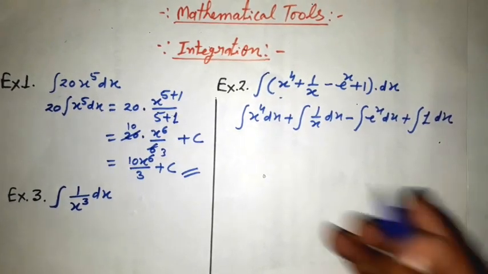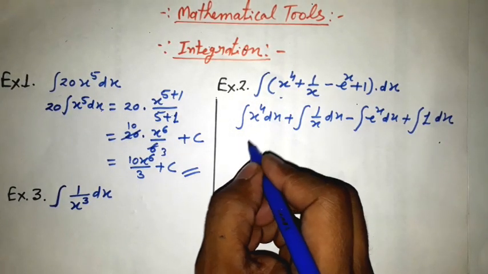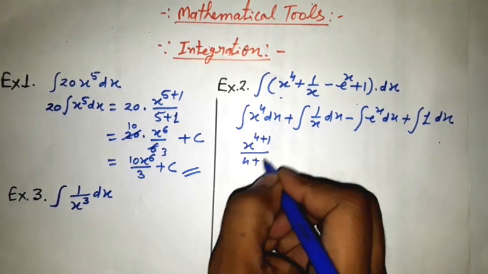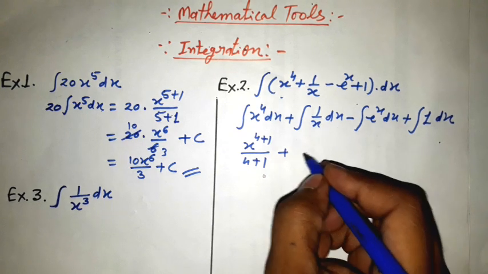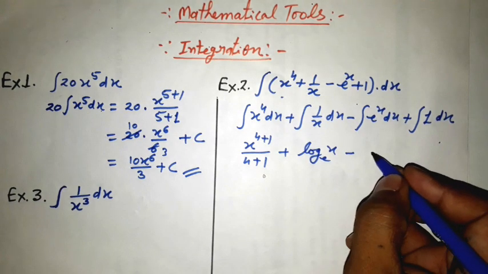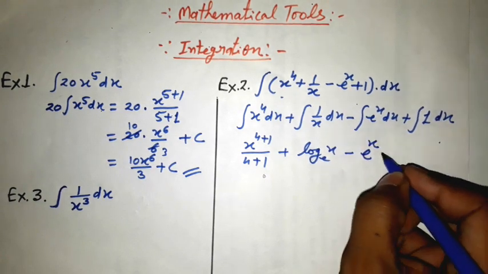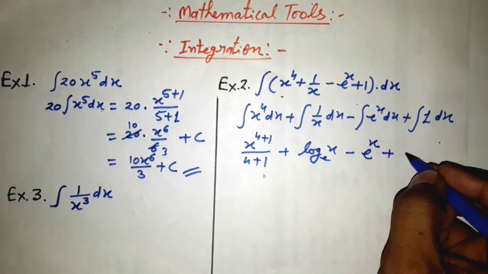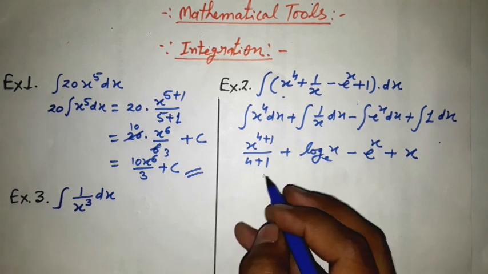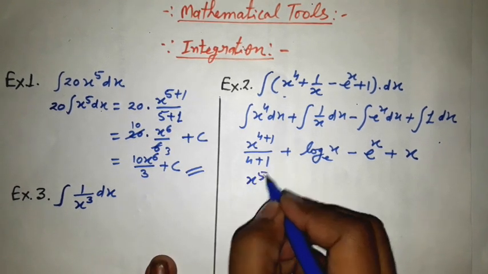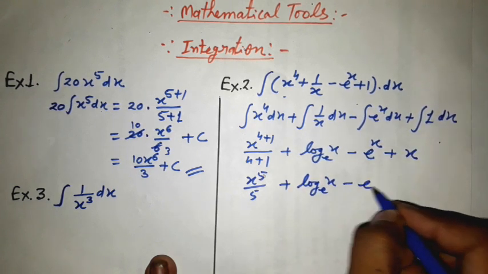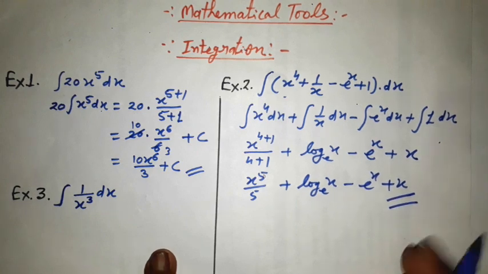Then this is x to the power 4 plus 1 upon 4 plus 1 plus integration of 1 upon x, that is log x base e, minus integration of e to the power x, this is e to the power x, plus integration of 1, that is x. So this is x to the power 5 upon 5 plus log x base e minus e to the power x plus x. This will be the answer.